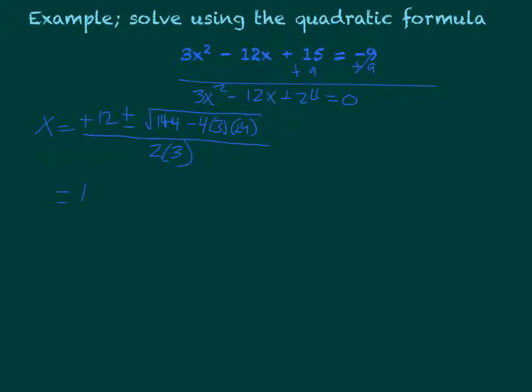So we have 12 plus or minus the square root of 144 minus 288 divided by 6. 144 minus 288 is negative 144 over 6.